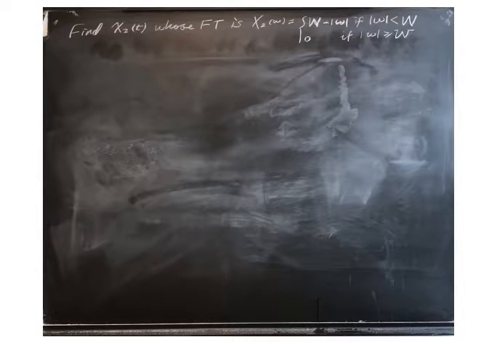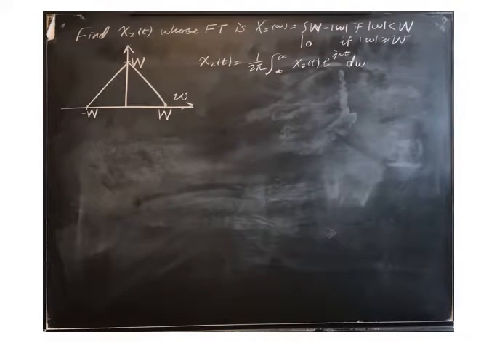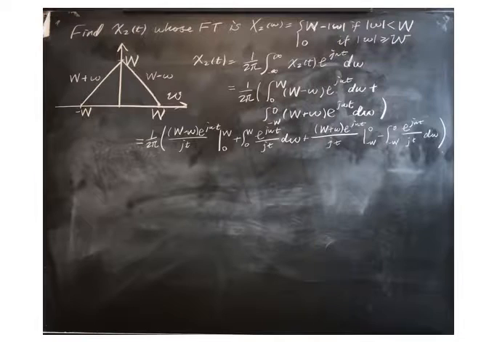For question 2, we need to find the signal whose Fourier transform is x2(ω), which is given by this graph. So we do this by a hardcore integral. Here we use integration by parts.